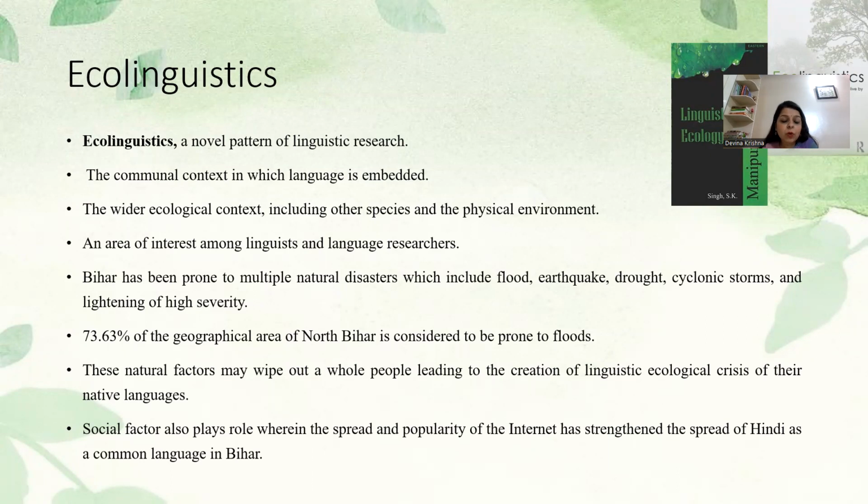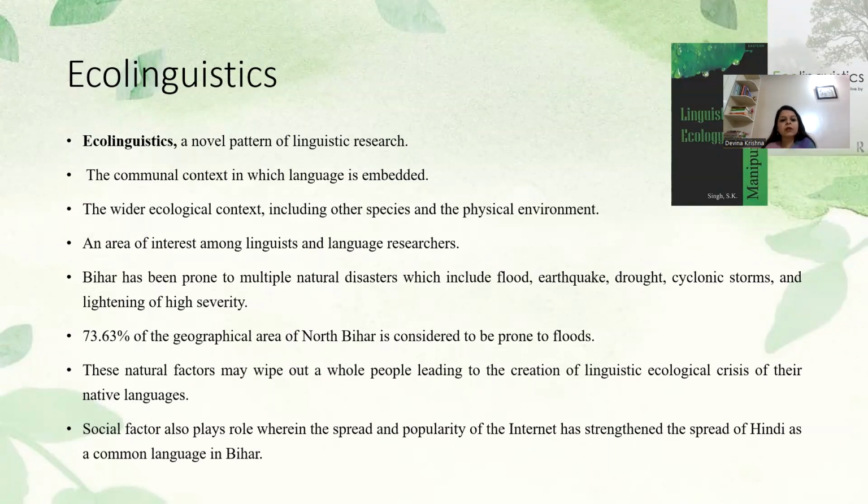And when we talk about the Indian context, I have taken Bihar as a major region. Bihar has been prone to multiple natural disasters that include flood, earthquake, drought, cyclonic storms, and lightning of high severity. As you see in the data on the screen, 73.63% of the geographical area of North Bihar is considered to be prone to floods.